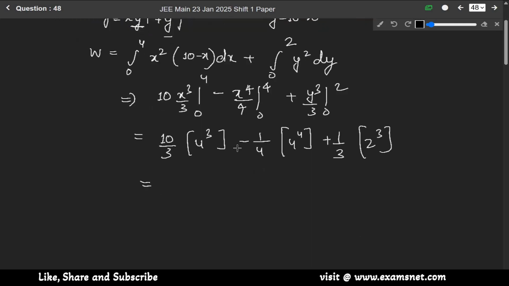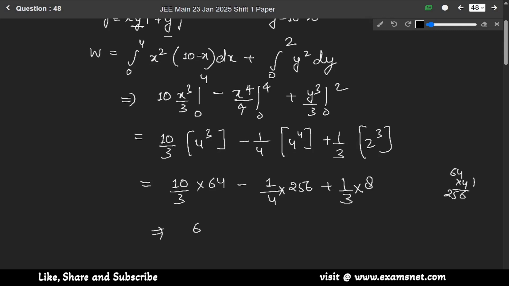So it will be equal to 10 over 3 into 64, minus 1 over 4 into 64 into 4, it will be 256, plus 1 over 3 into 8. Okay. So it will be 640 by 3 minus 256 by 4 plus 8 by 3.